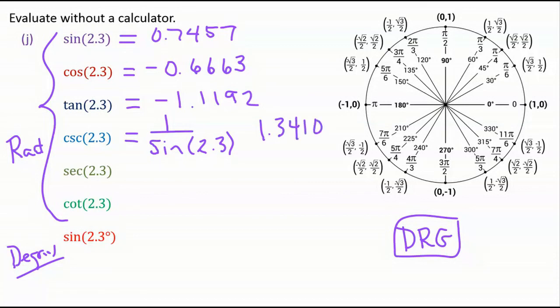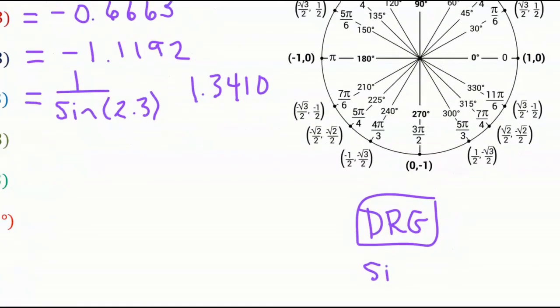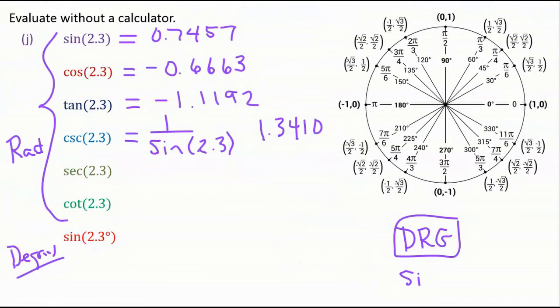There is another option. You can type in, I'm going to do it at the bottom right, sine of 2.3. So sine of 2.3, and then you can hit this x to the negative 1 key, and that will also give you 1.3410. And you could do that for secant right here also.